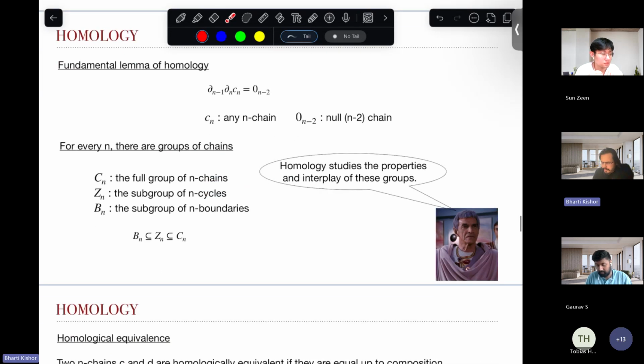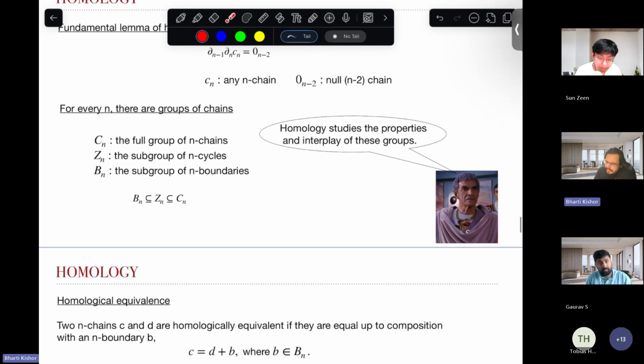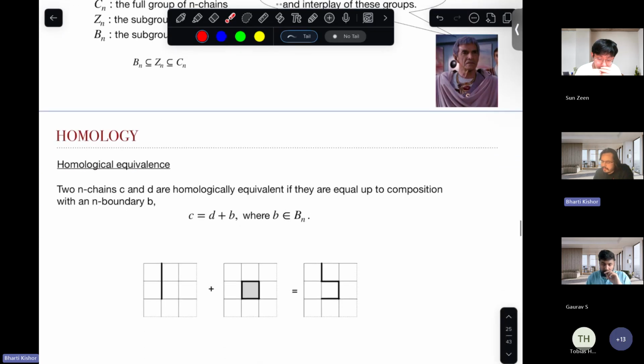So let's now look at Cn, Zn, and Bn. Now, what I can do is define some notion of equivalence, and my notion of equivalence comes through this boundary. So I had a boundary chain, right? I will say that two chains C and D are equivalent if they are equivalent up to addition with a boundary.